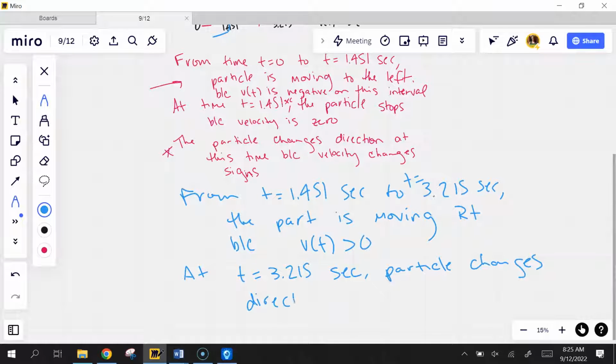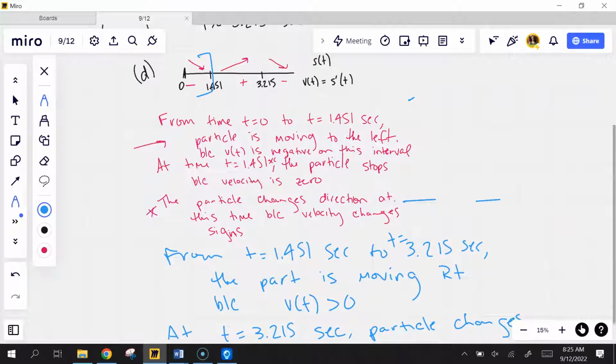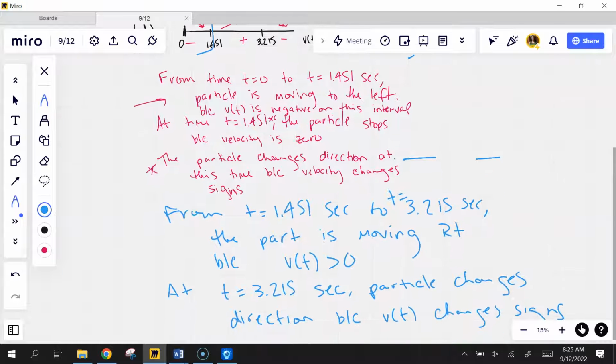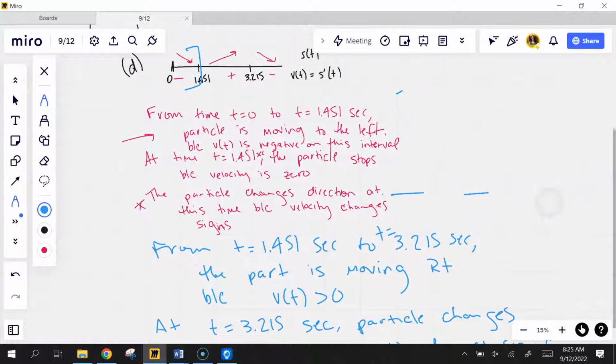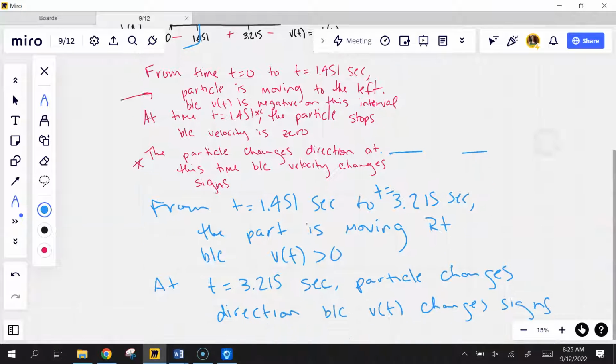Why? Because velocity changes signs, and if you wanted to, you could come up here and say that it changes signs at this time and this time, that's fine too. And then what happens? Then the function decreases forever or until it stops, right?